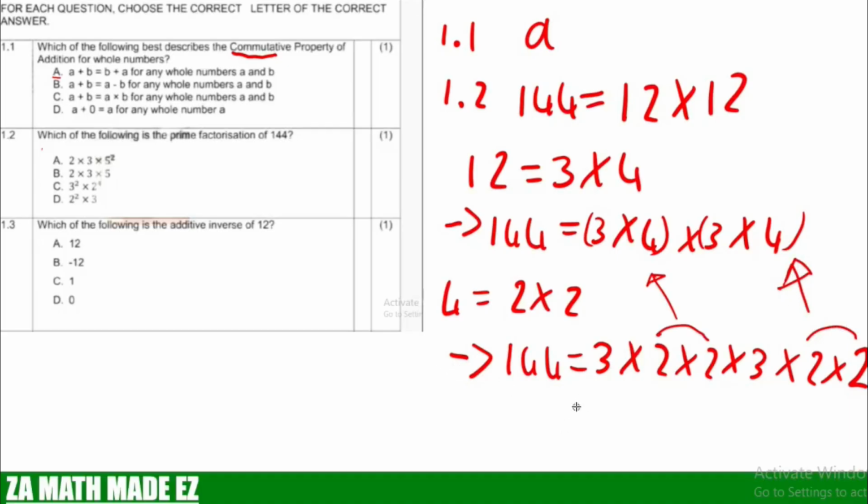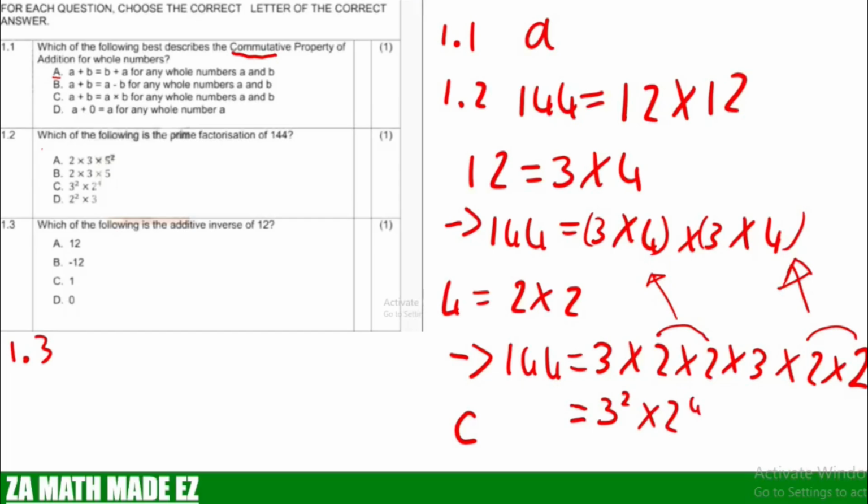And now we have to group the primes. 3 squared times 2 to the power of 4. It's 2 to the power of 4 because there are four 2s, and 3 to the power of 2 because there are two 3s. The correct option for 3 to the power of 2 times 2 to the power of 4 is C.